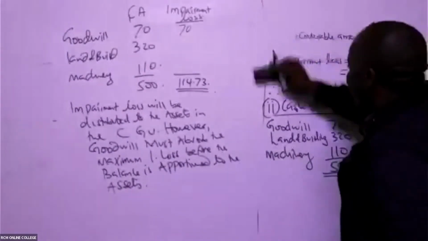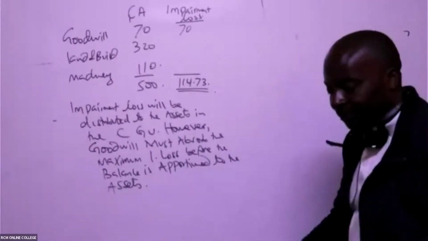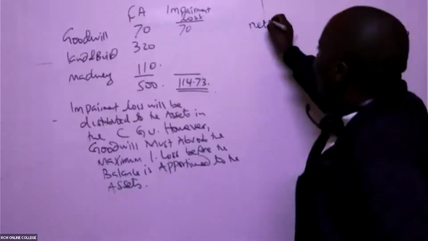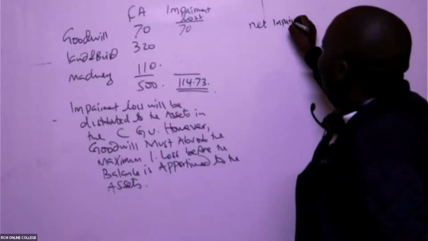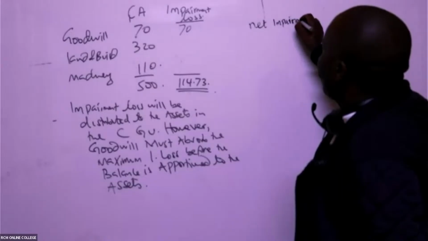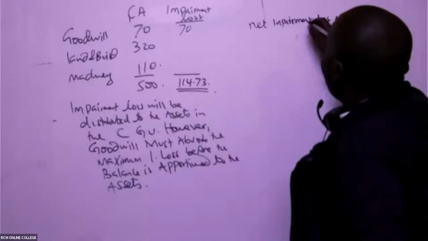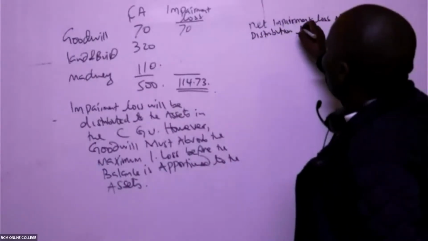So what is the balance? What is the net impairment loss after distribution to goodwill?